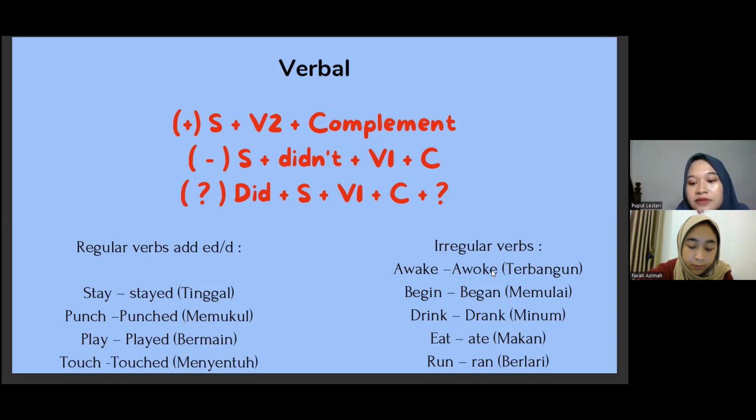But if the verbs are irregular, the forms of the two verbs are very different. As examples: wake, awoke; begin, began; drink, drank; eat, ate; run, still run. Okay, maybe let's look at an example first.